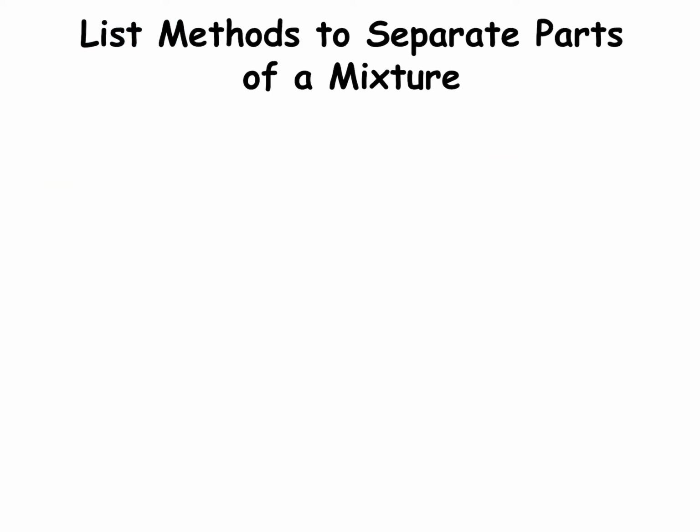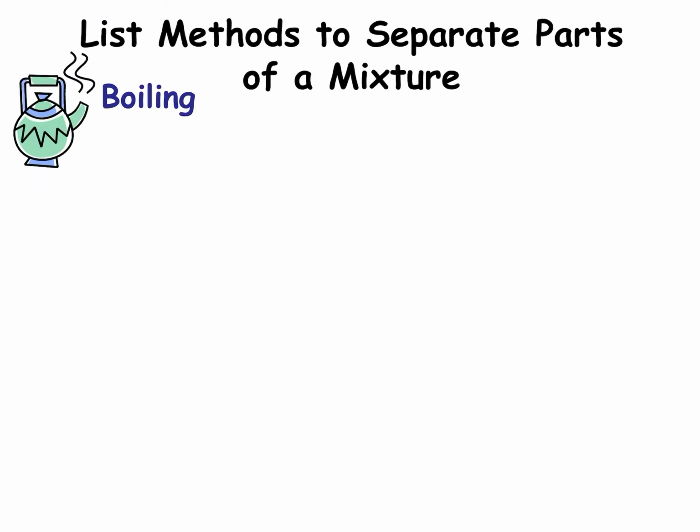So here are some different separation methods that you can use. The first would be boiling. So, for example, if you had salt and water and you wanted to get that salt recovered very quickly, you could put it on a hot plate or over a Bunsen burner, and then you could boil it. But traditionally, we don't have those kinds of tools.